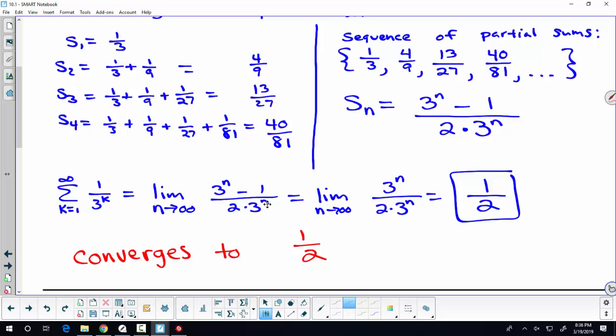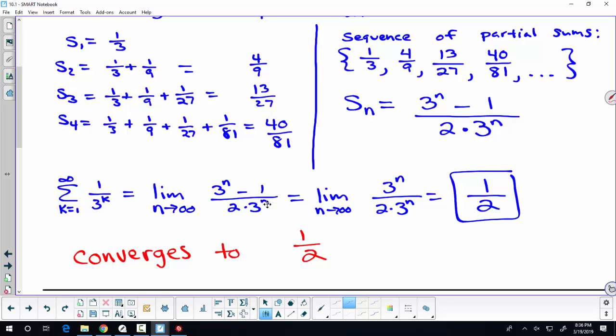This is because we found our S_n, right? We know the sum of this series because we found the explicit formula for the nth partial sum and then took the limit. So this is saying that the nth partial sum converges to 1/2, which means the entire sum of this series converges to a half. But we need to find that S_n, the nth partial sum.